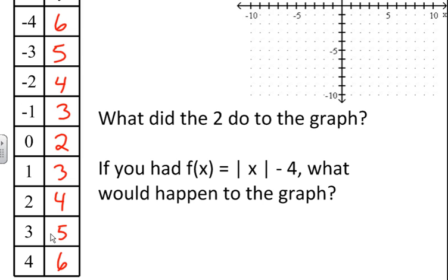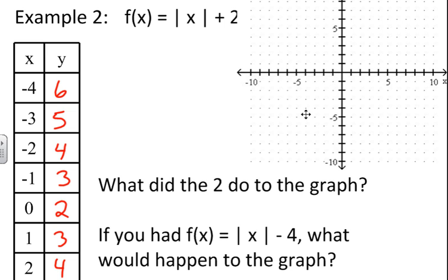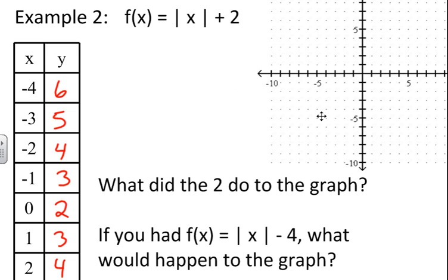So let's go ahead and plot the points and see what happens when we add 2 to the graph. 0, 2 is right there. 1, 3. 2, 4. 3, 5. 4, 6.